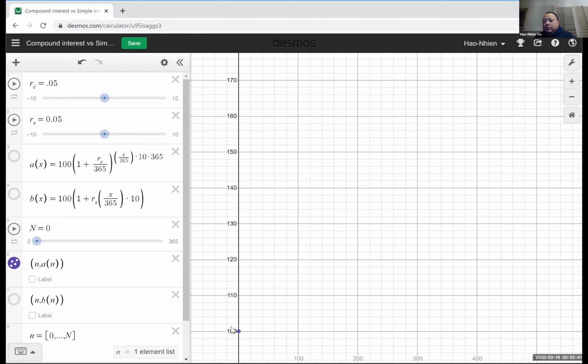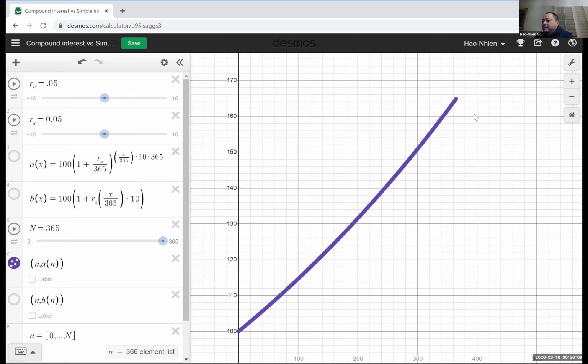So if I start out with $100 here, then after 10 years compounded daily, it grows to that top right there. You can sort of see that curve.